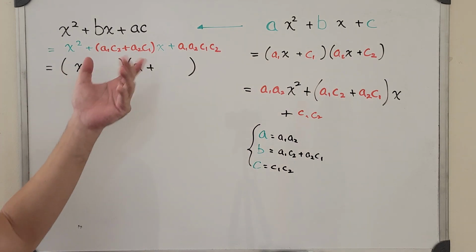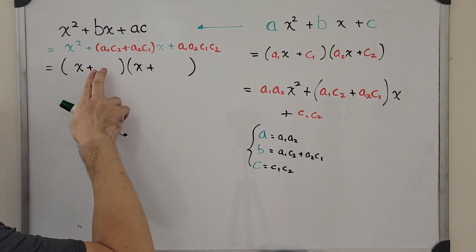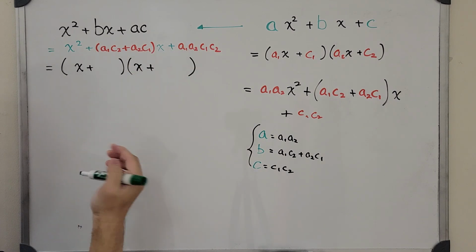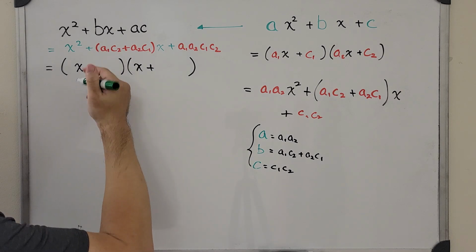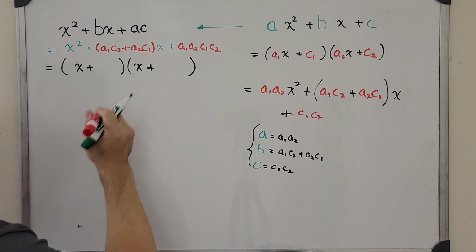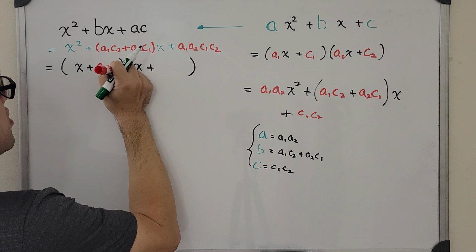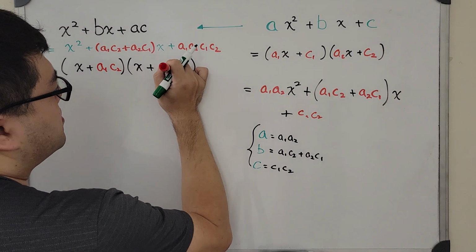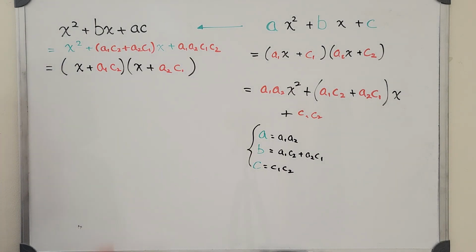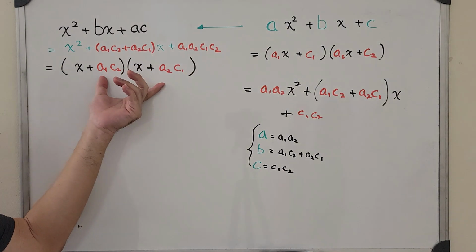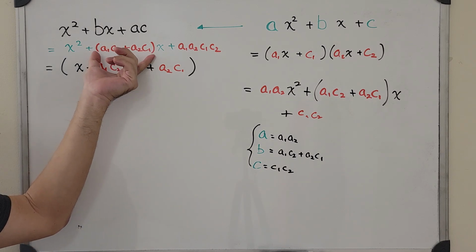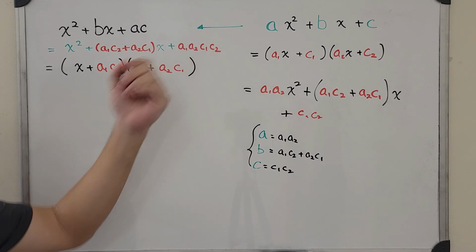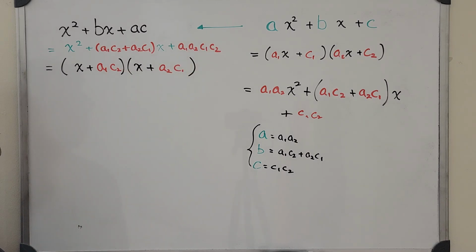And now if we try to think of the two terms that we need to put to satisfy the condition, it's very clear that we just need to put a1 c2 in one of the factors and a2 c1 in the other factor. So we will be able to get the sum to be equal to b, and the product is equal to ac, or just a1 a2 times c1 c2.